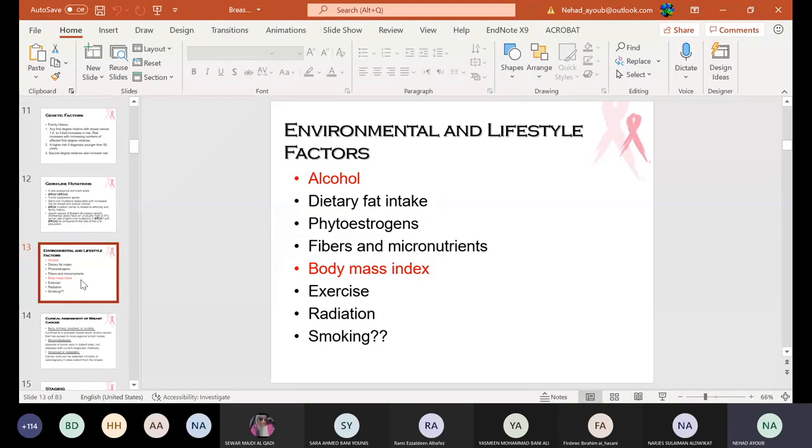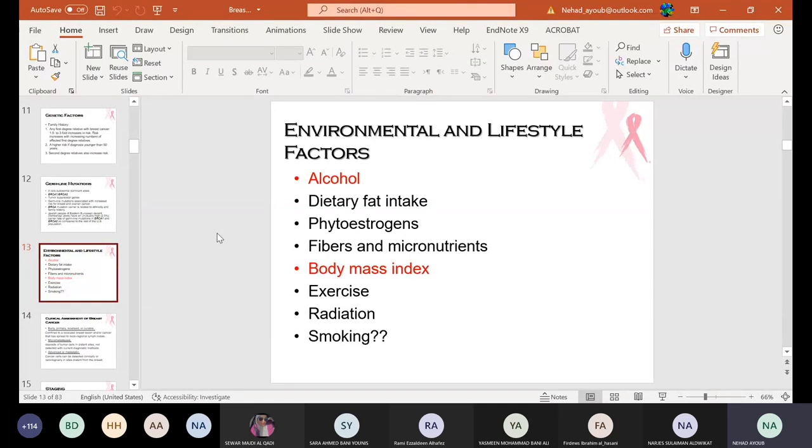There are many factors known to be associated with increased risk of breast cancer, but the evidence-based ones, the ones proven for sure, are two: alcohol intake and body mass index, or obesity, okay? Now, alcohol intake: locally we don't have a very big issue with alcohol intake because of religious and cultural reasons, but in the United States, for example, alcohol intake of any type and any amount increases the risk of breast cancer.